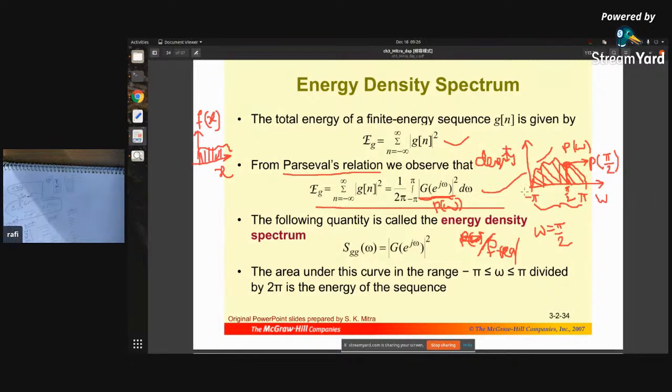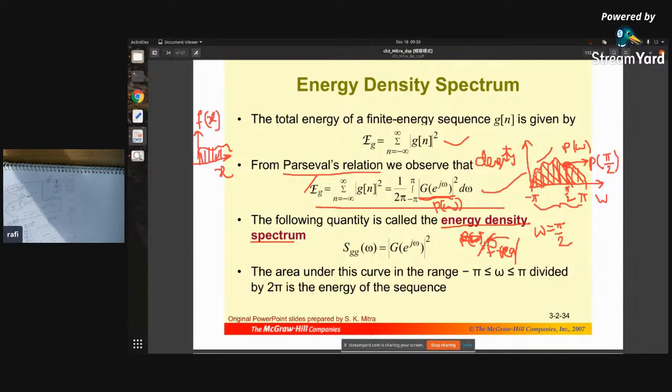Likewise, at each and every value of omega, you have the contribution of this omega, how much mod g of omega square it is giving. That plot is the density spectrum. And what it is giving is energy, so that's why it is called the energy density spectrum.